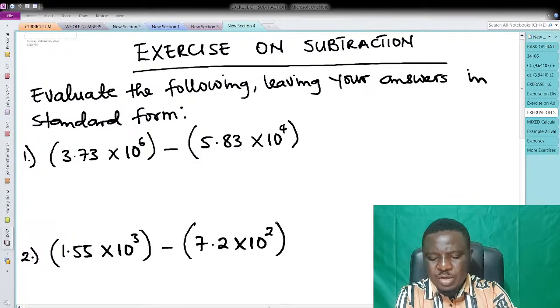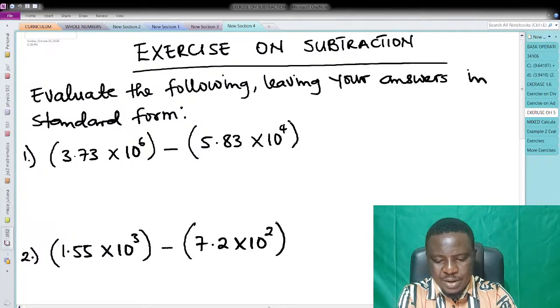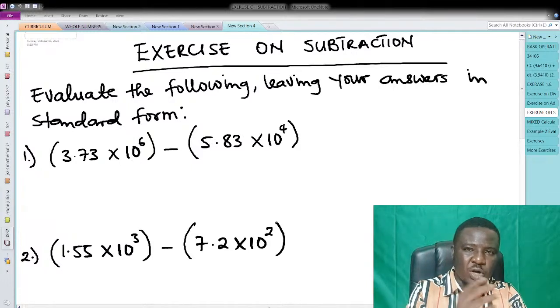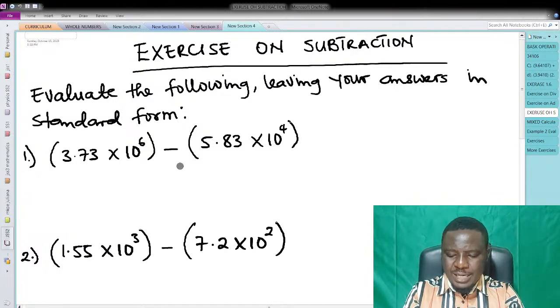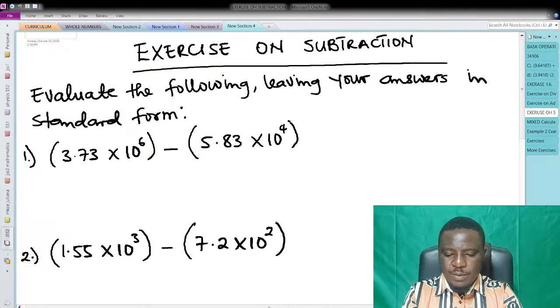Between 10 raised to the power of 6 and 10 raised to the power of 4, what is common? Look at the least index that is there. The common index is 10 raised to the power of 4, because you can get 10 raised to the power of 4 from 10 raised to the power of 4, as well as from 10 raised to the power of 6.